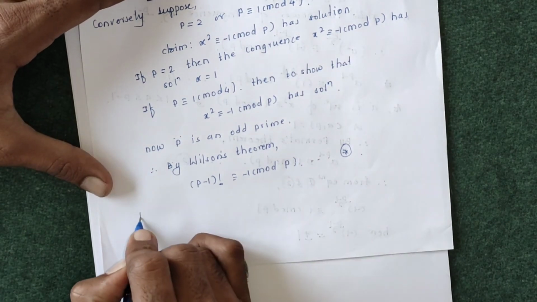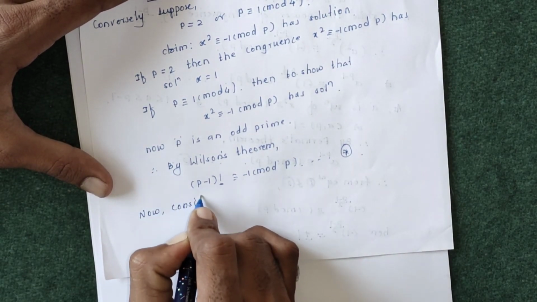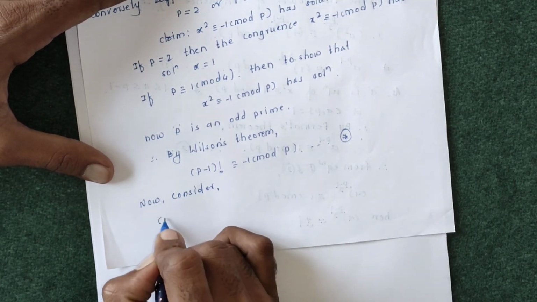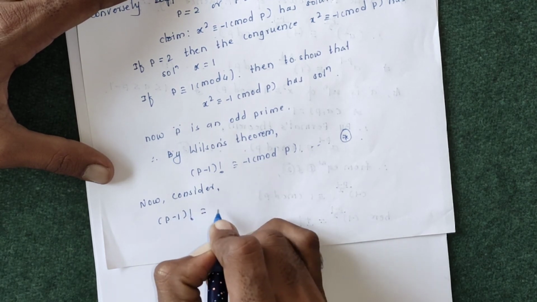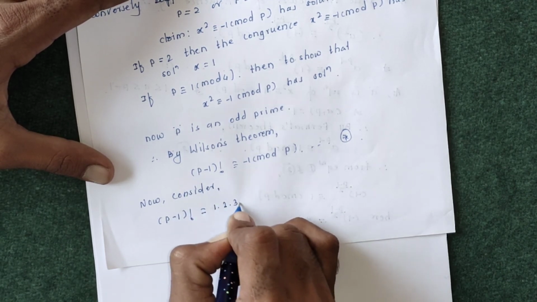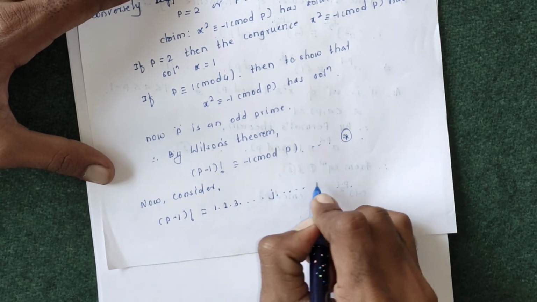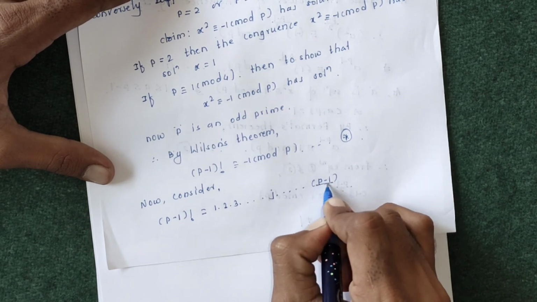Now consider this p minus 1 factorial as 1 into 2 into 3 up to, suppose, j, up to p minus 1 by 2.